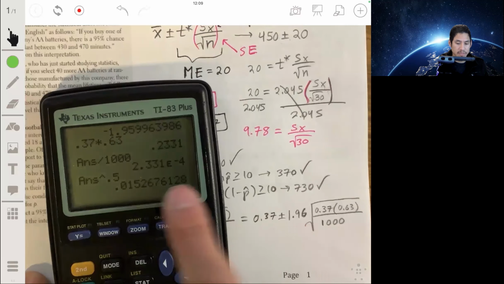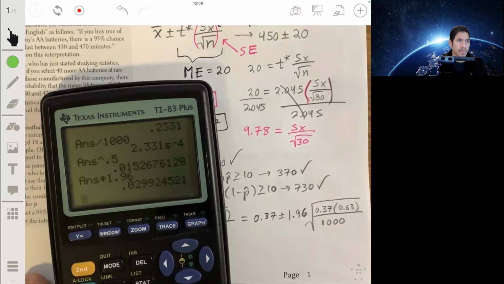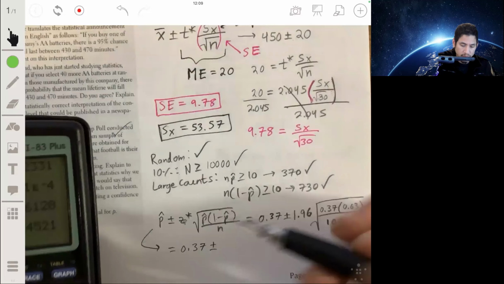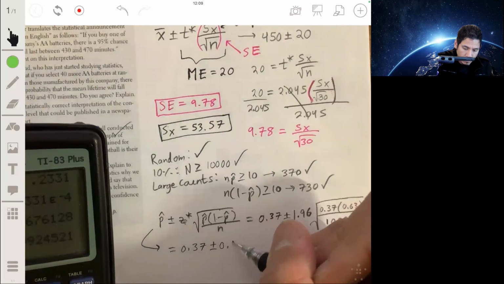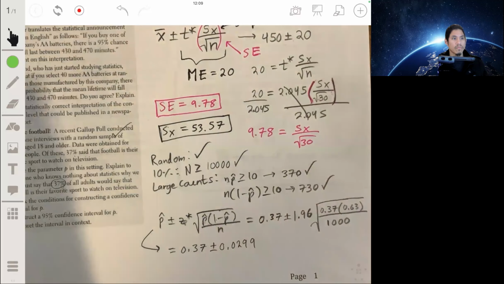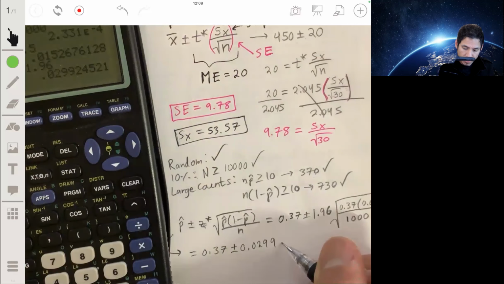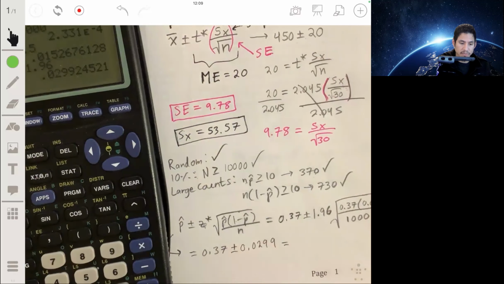And then we multiply this by 1.96. We get 0.0299. And again, rounding is not too big of a deal if you get roughly close. So we're going to add and subtract that to 0.37.